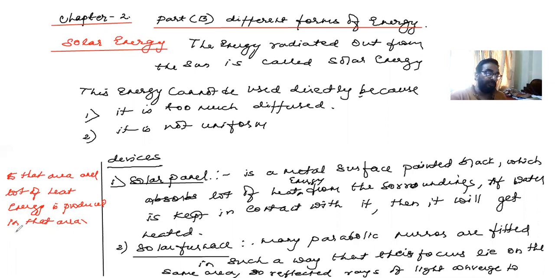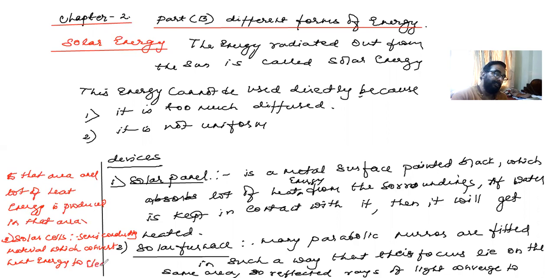Then the last of this is nowadays the solar cells. Solar cells are made of semiconducting materials, which convert light energy to electrical energy directly.